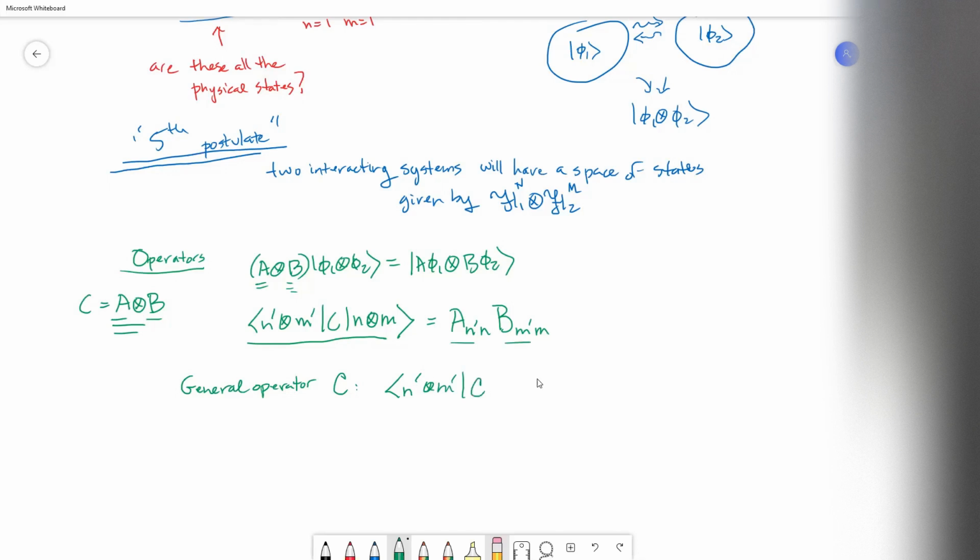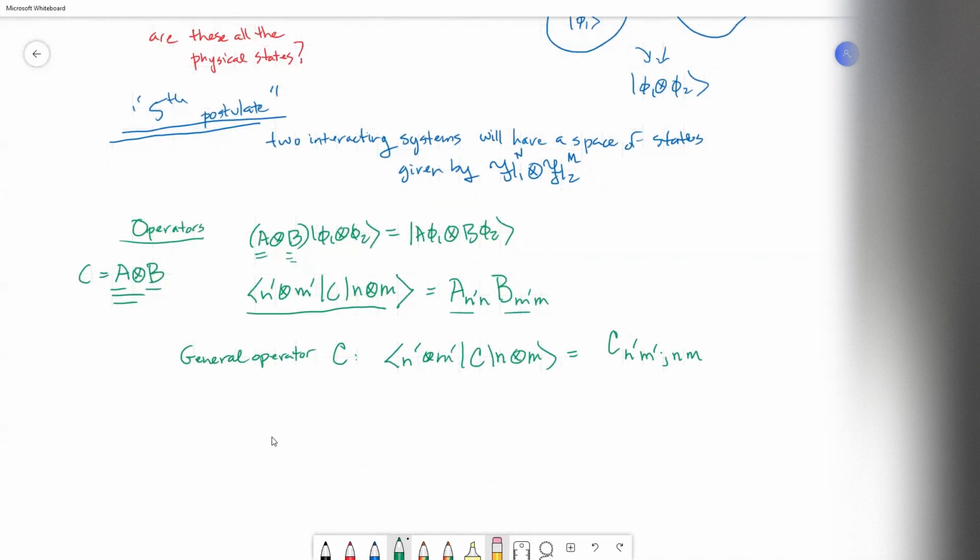You would have matrix elements for each possible value of n prime, m prime, n and m. So you double the number of indices that you have for the matrix, if we're talking about identical subsystems, of course.